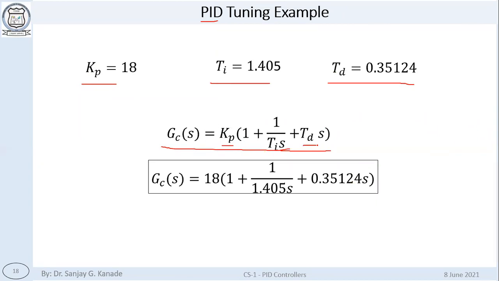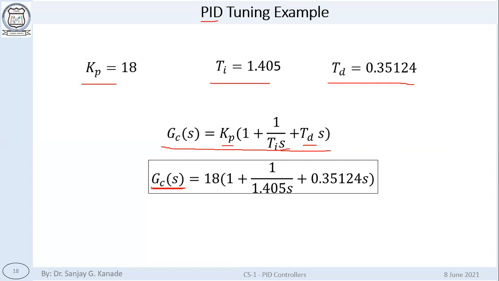Substituting these values in the equation, we get Gc(s), which is nothing but the transfer function of the PID controller block only. Gc(s) is equal to 18 into 1 plus 1 over 1.405 s plus 0.35124 s.